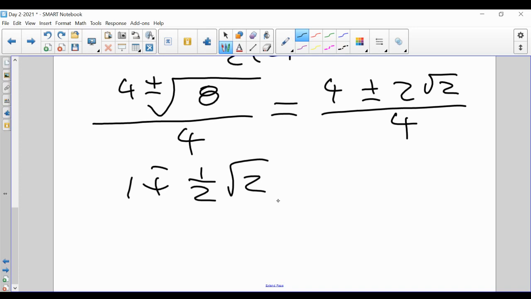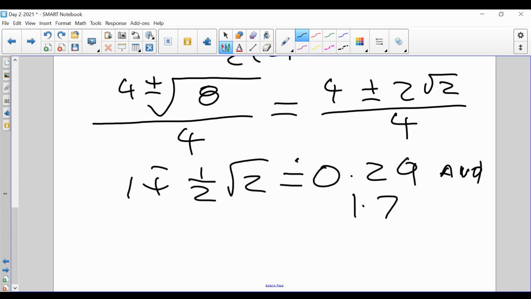I'm getting an answer of 0.29, or approximately 0.29. And the other answer that I'm getting is 1.7. Okay, yeah, I think that's what I'm getting. Everybody is getting the same thing? Yeah, okay, good. All right, so I actually thought that this was going to work out a little nicer, but it's not.